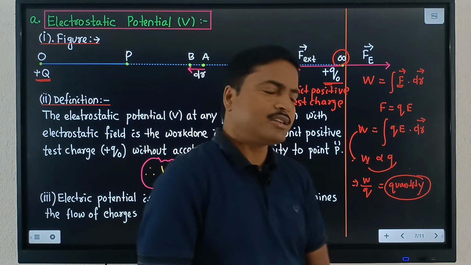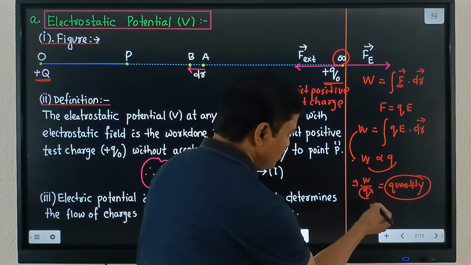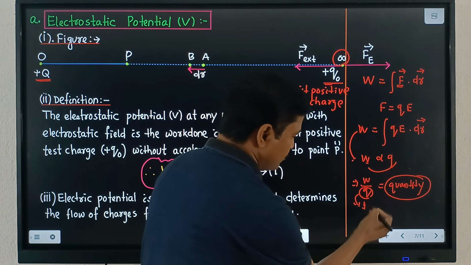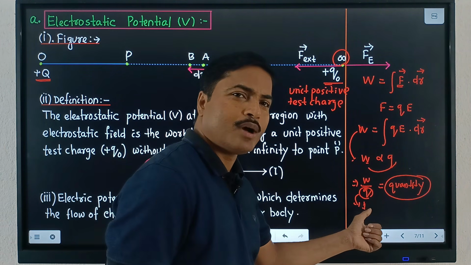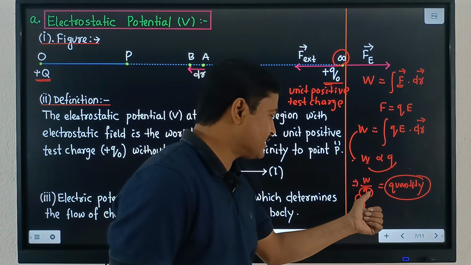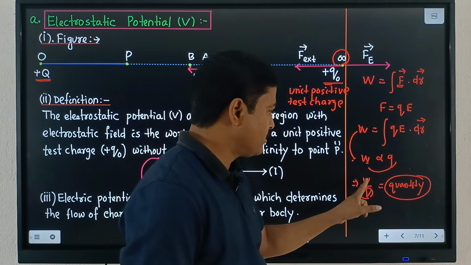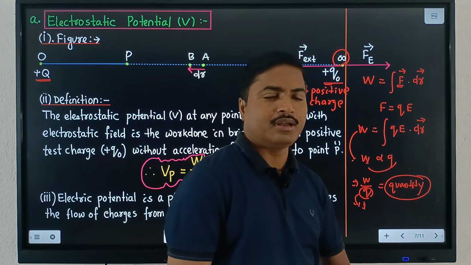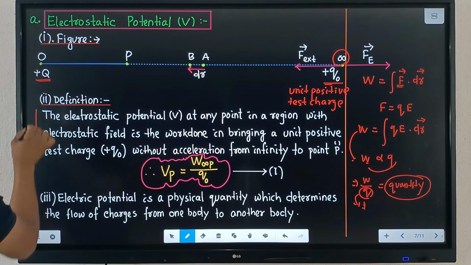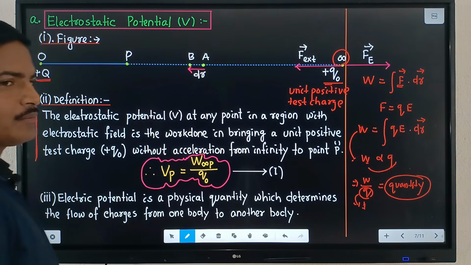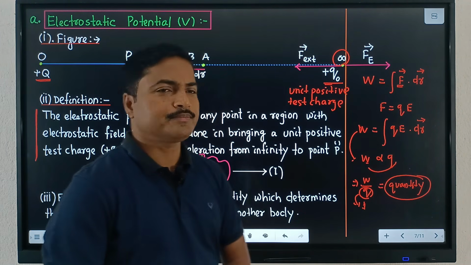Clear? Or same thing, if in place of Q we take 1, that means if the magnitude of the test charge is 1 unit, then W is equal to the electric potential. This is the definition of the electrostatic potential. What is this?